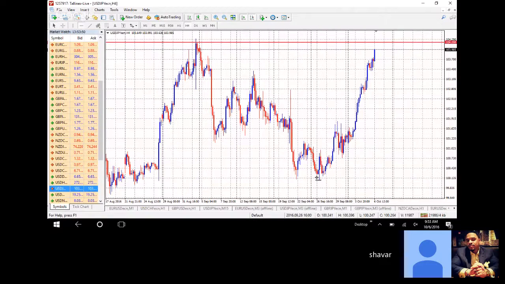If it goes up here and does not break, we will be selling this and look to take it back down in this area for a swing trade, possibly. That would be about a 400 pip move. And it's been pretty much ranging in this area too, 400 pips in between this. So let's just see what happens.